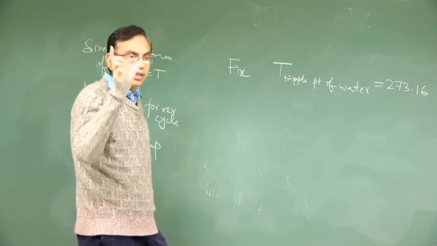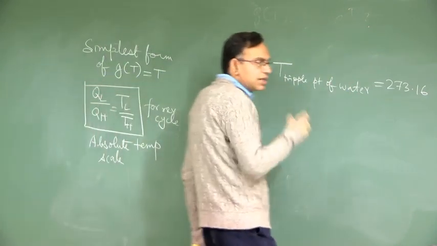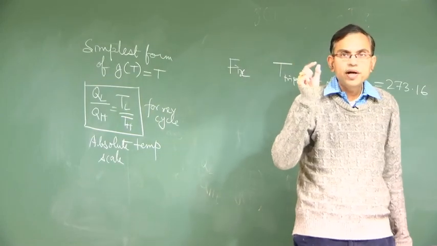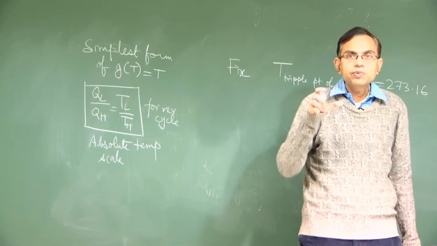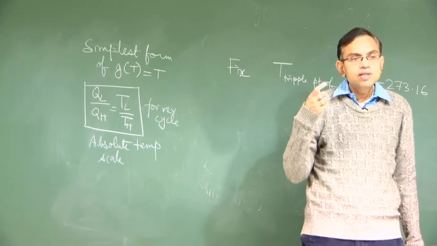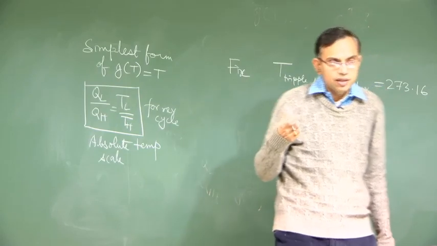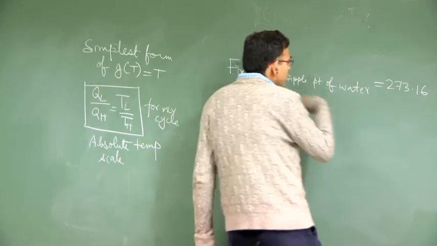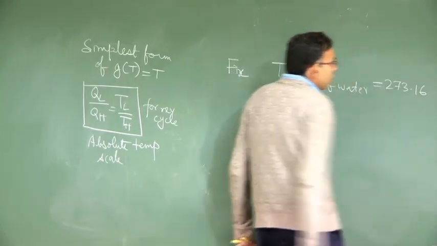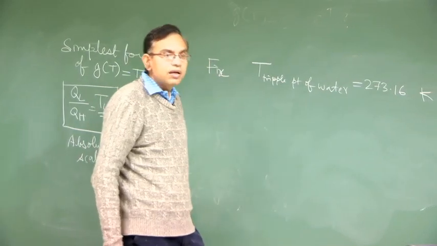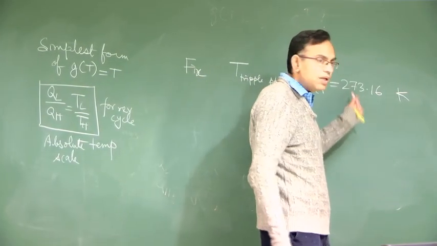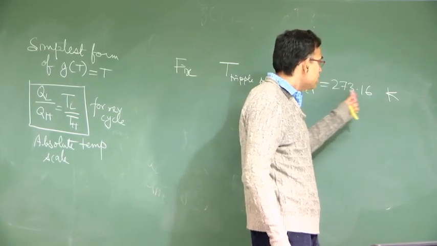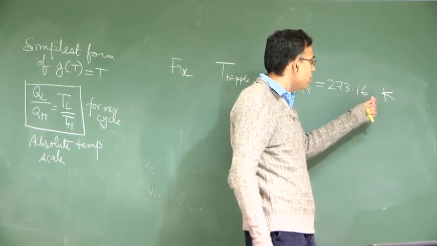This was fixed. The triple point of water is a state point where solid, liquid and vapor can coexist, and in terms of centigrade it is 0.01 degree centigrade. So, in this unit, to honor Lord Kelvin who contributed a lot towards developing the absolute temperature scale, this was fixed as 273.16 Kelvin.